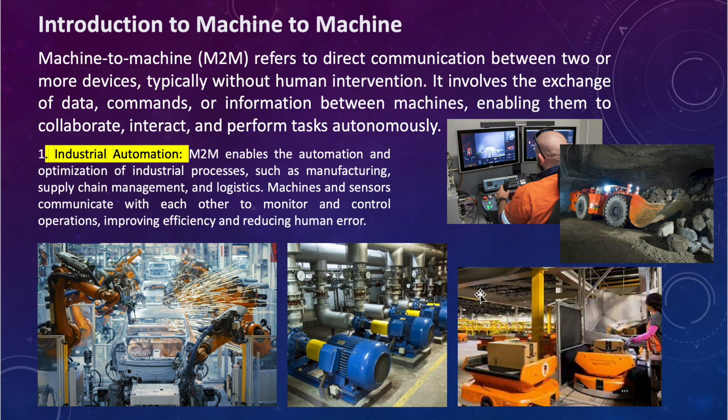Then again, logistics: machine to machine interaction with a bit of IoT, right? We have automated, I think this is Amazon's automated distribution centers, using autonomous vehicles to send the packages to the correct location in this distribution center.